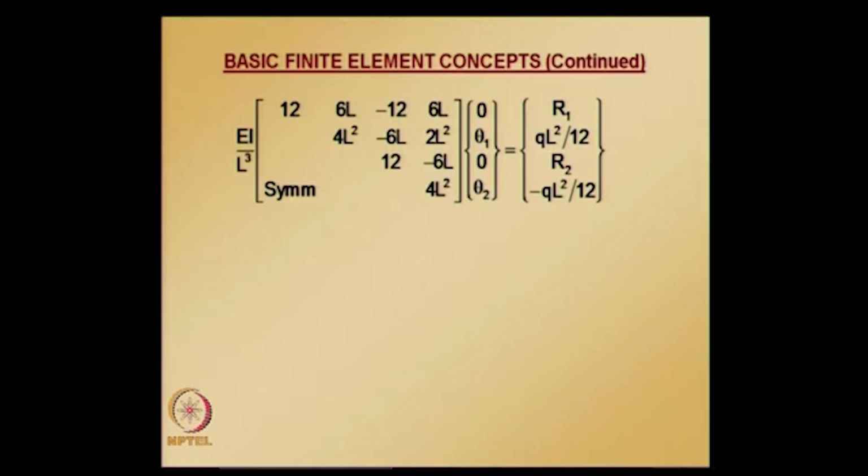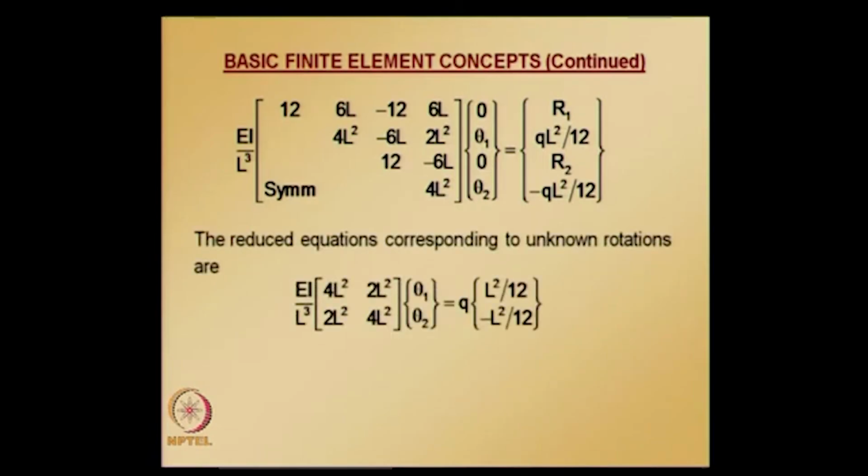So we can eliminate rows and columns 1 and 3, and we get the reduced equation system, which we can solve for theta 1 and theta 2, and the solution is this one.